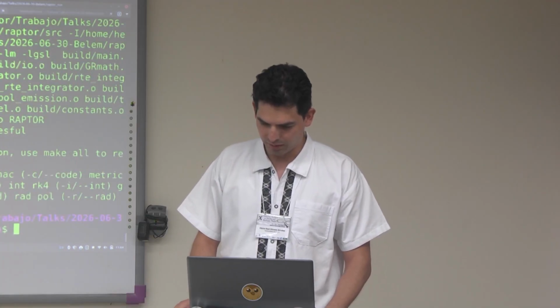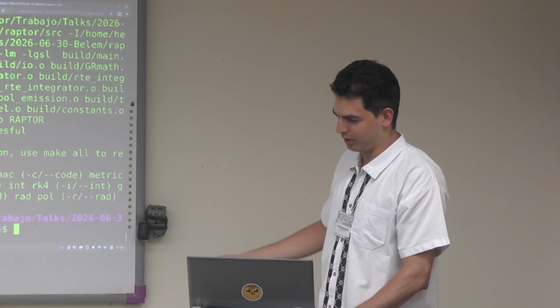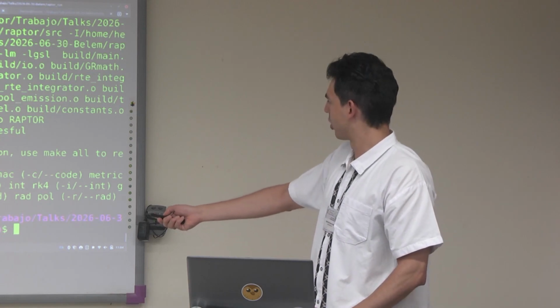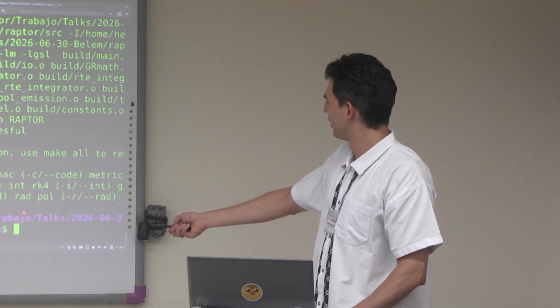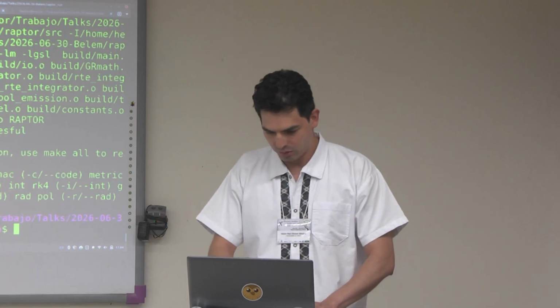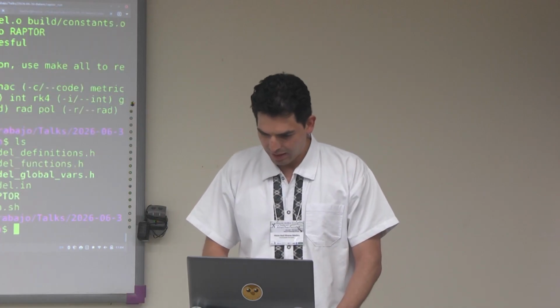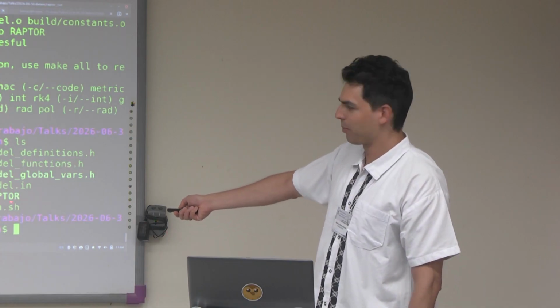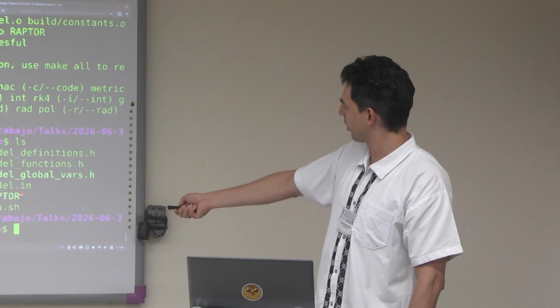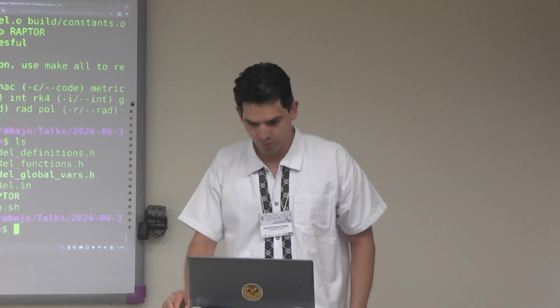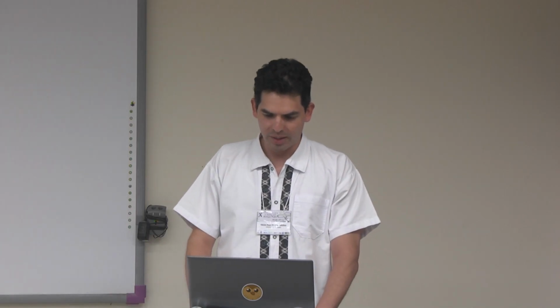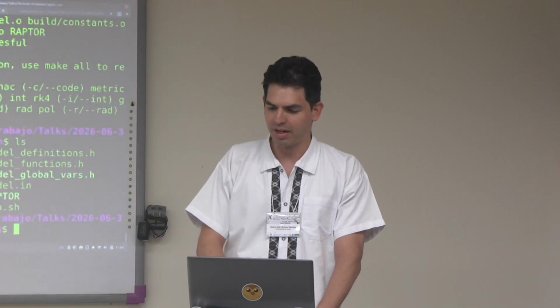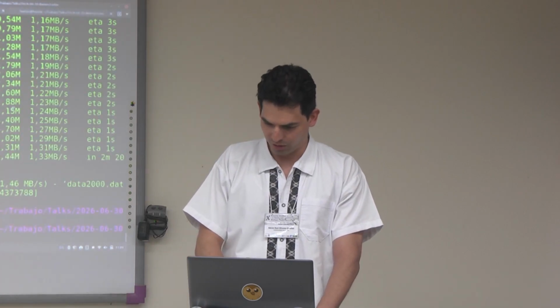And now the compilation was successful. So if I do ls, I will see that there is an executable that was created that is called Raptor. But before running, let's see what happened with the file that we were downloading.